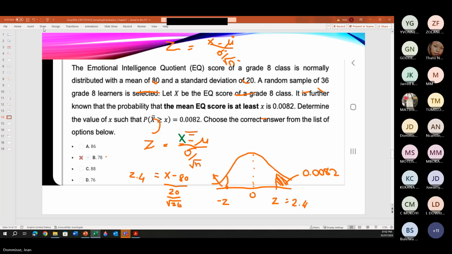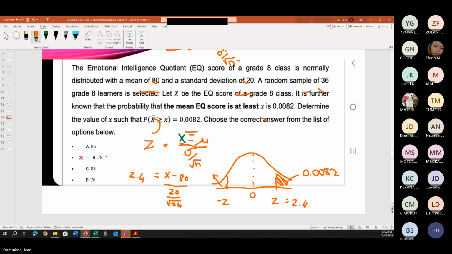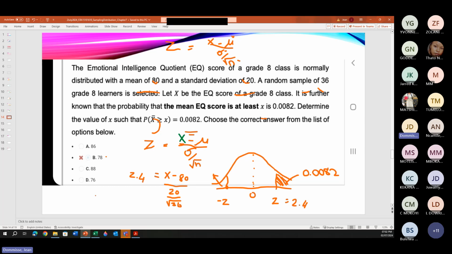So 2.4 times 3.333 is equal to x minus 80.